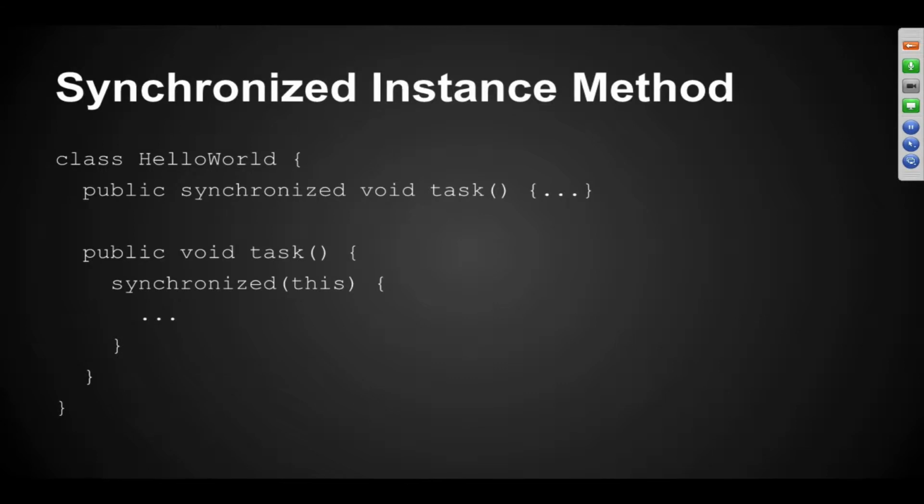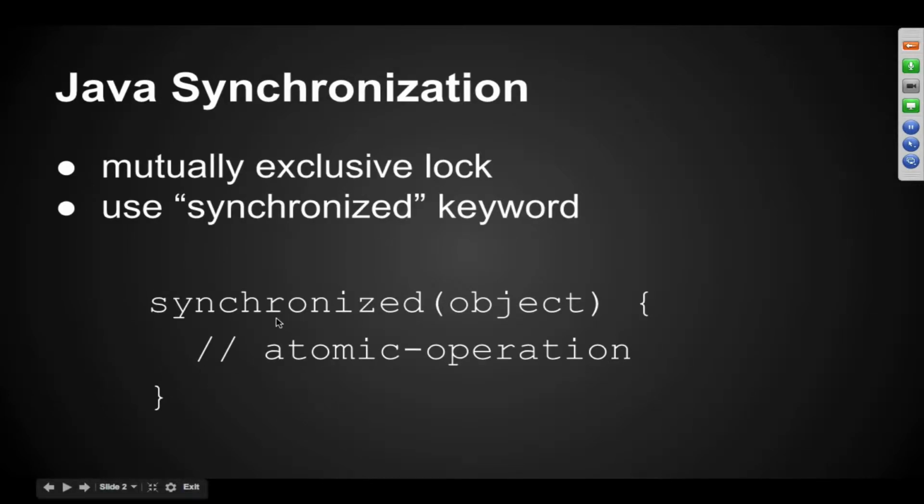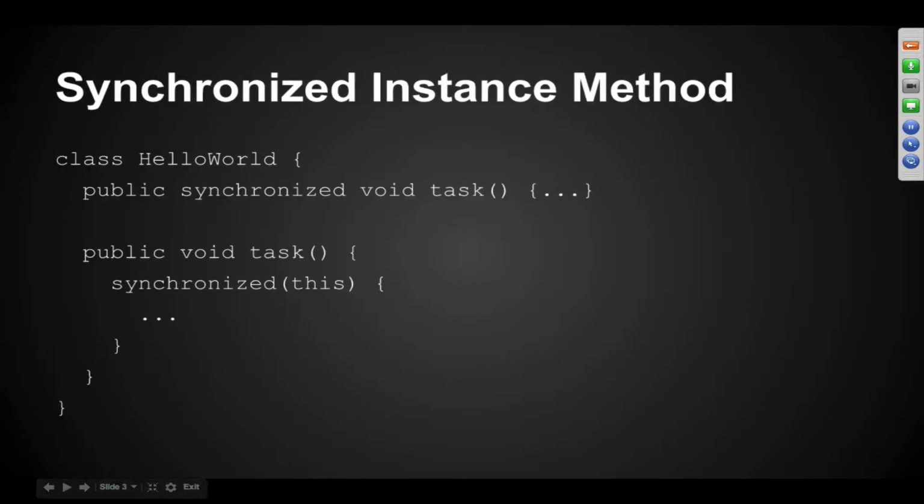Besides synchronizing the object, you can also add the synchronized keyword to a method. If I add it to a regular method, it's called an instance method. The synchronized keyword here is the same as the synchronized block here, without adding the keyword to the method.